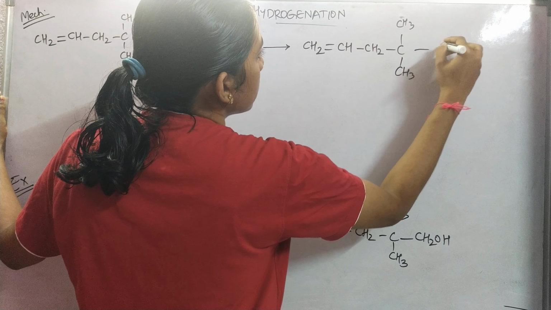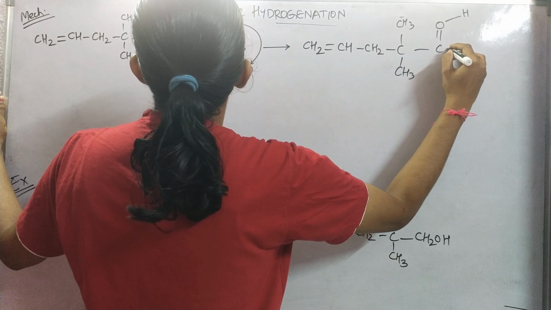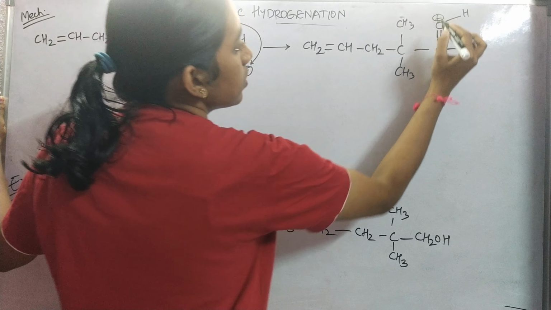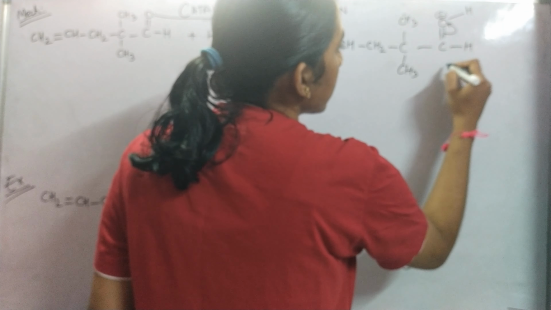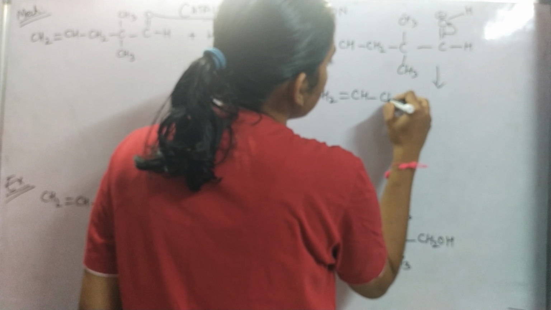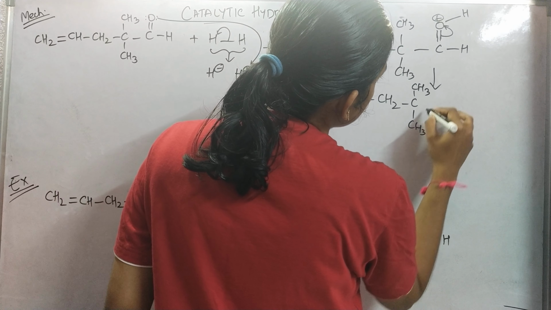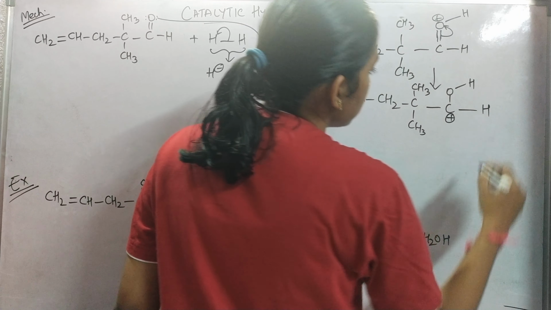C double bond OH. As oxygen is forming 3 bonds, it will get a positive charge. Then it will take the bond from carbon, leaving this carbon positively charged. CH2 double bond CH, CH2 CCH3 CH3 COH, carbon gets a positive charge.